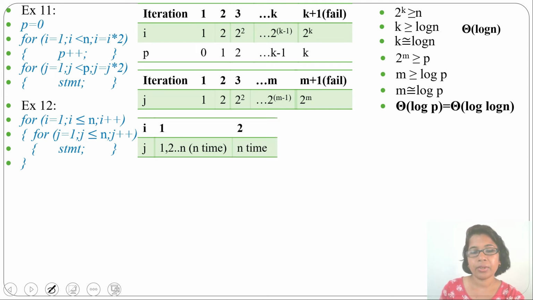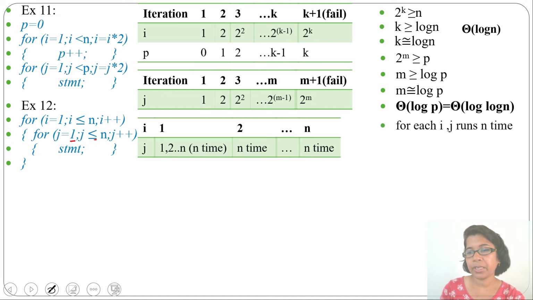Next for i equals 2, j varies n times starting from 1 to n. Like this it will continue. For i value n, j will run n times. So for every i, j runs n times, starting from 1 and running till n. We can multiply n multiplication n, n square. So running time will be theta of n square.